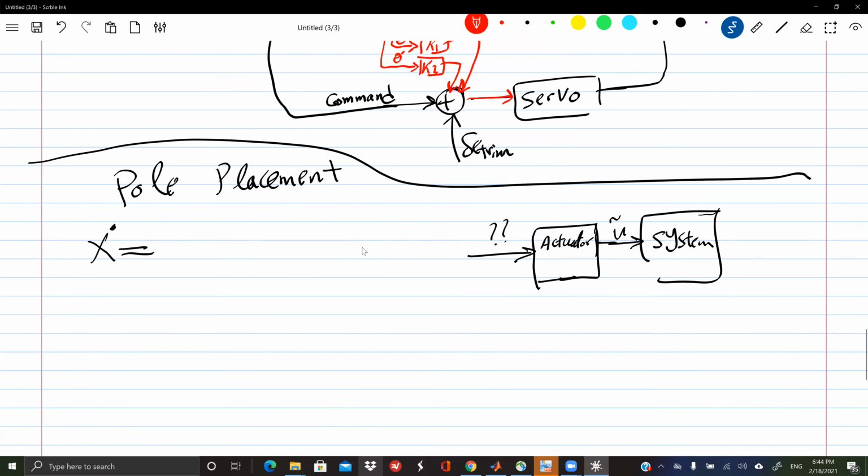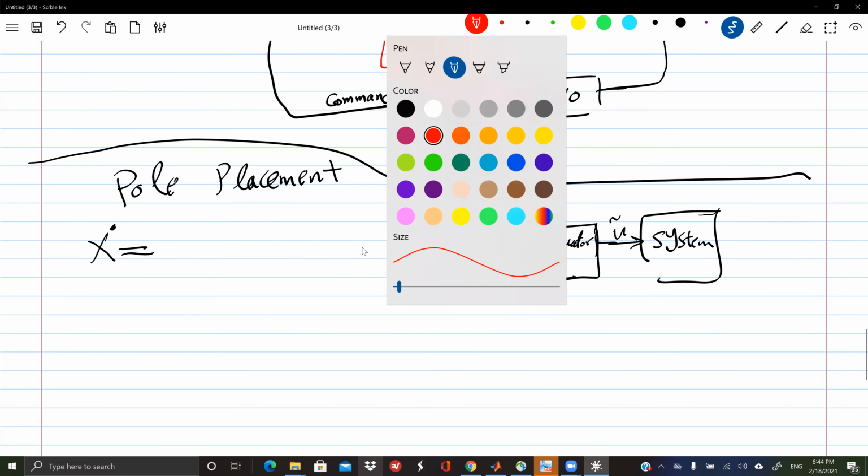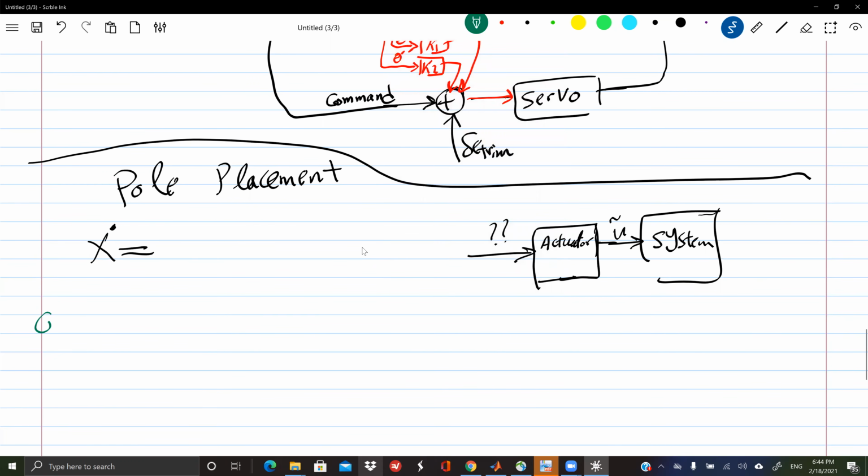So we write the control law as negative K1 x1, K2 x2, Kn xn.